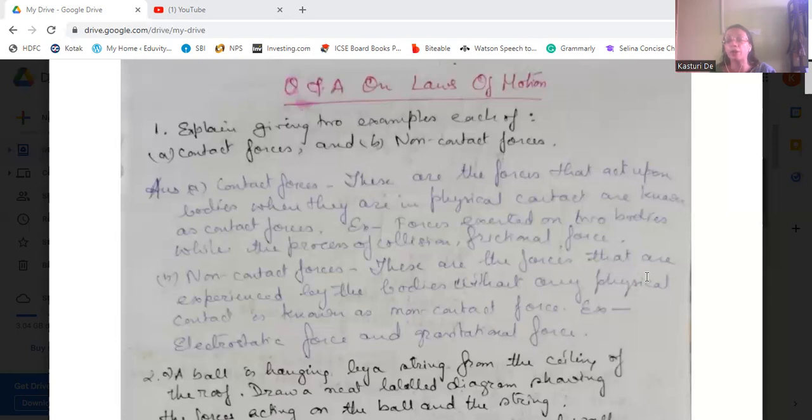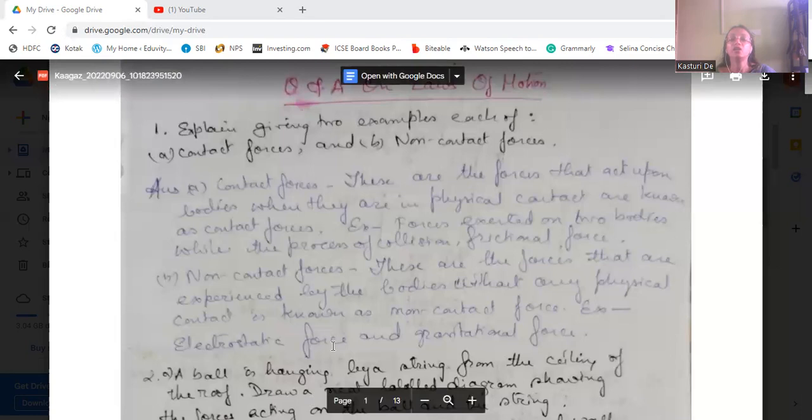It will not go up, it will not go sideways, but it will fall to the ground, because the earth is pulling the apple towards itself. Also, the apple is pulling the earth towards itself, but that force is much smaller in comparison to the gravitational force. So the earth will pull the apple towards itself.